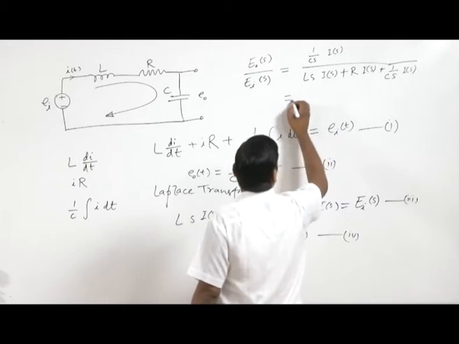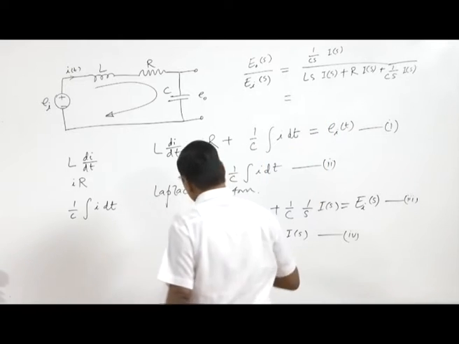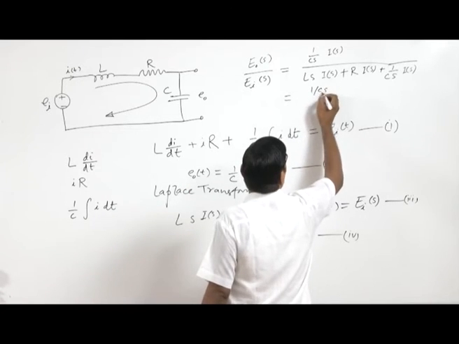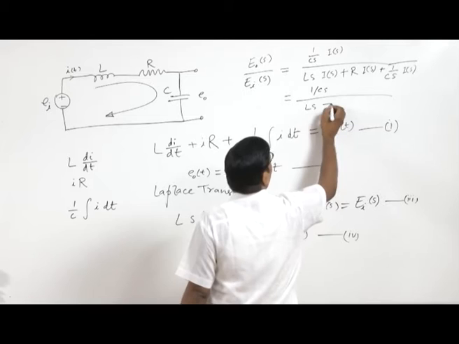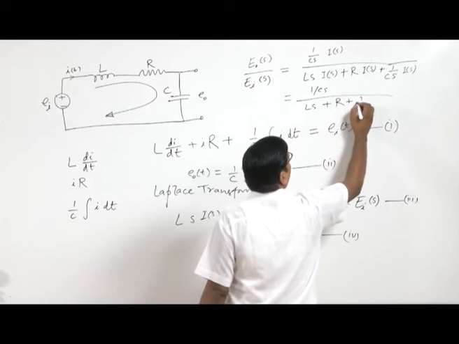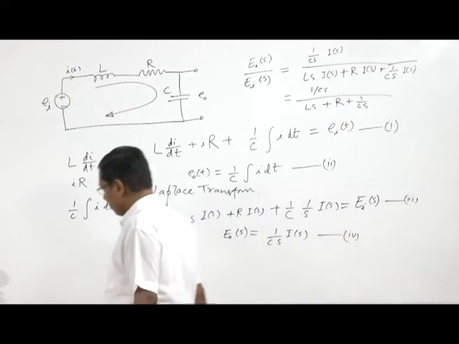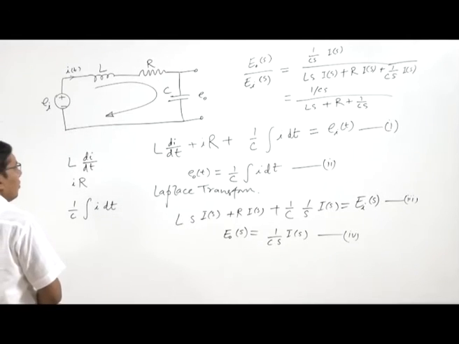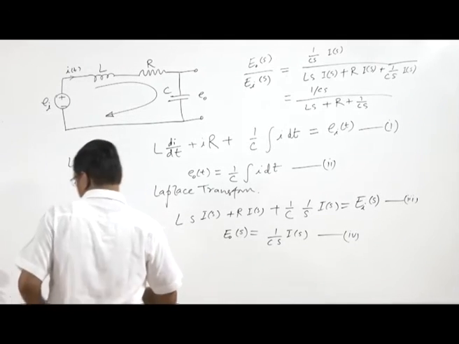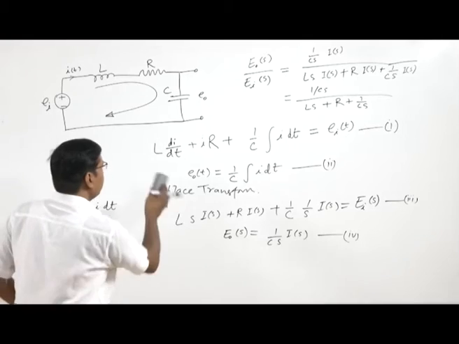So this we can write as 1 by Cs upon Ls plus R plus 1 by Cs. Here again we can simplify this expression.